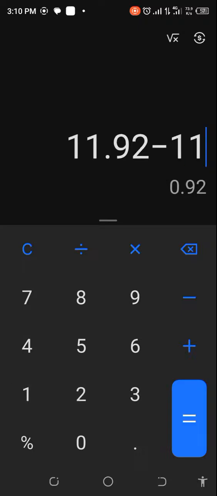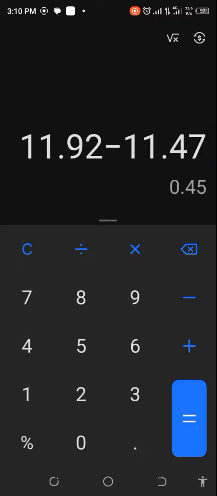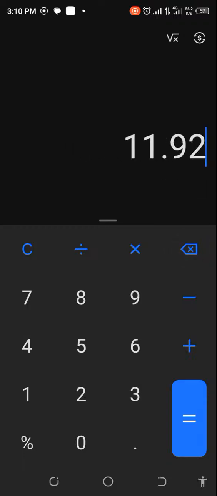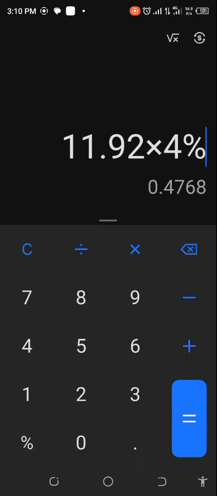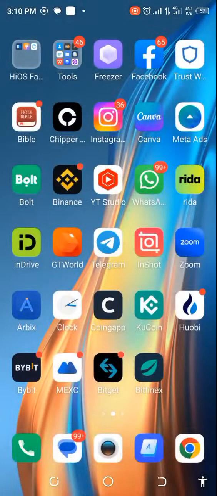That's 11.92, and we had minus 11.47. About 45 cents. What would that be in percentage? That's about 4%. So we're just in that range, so we're kind of good. That's exactly what we have now. Let's go ahead and see what we will get in real life.